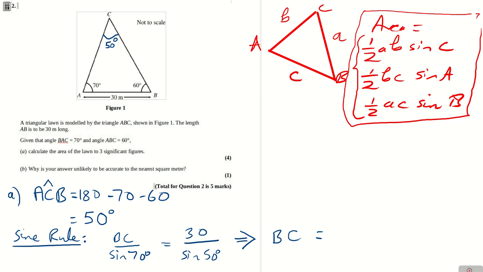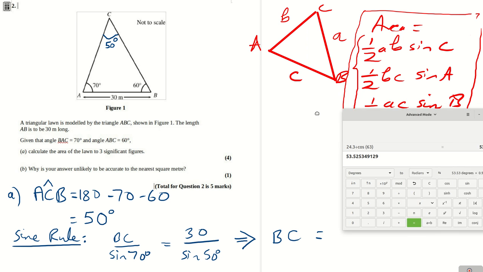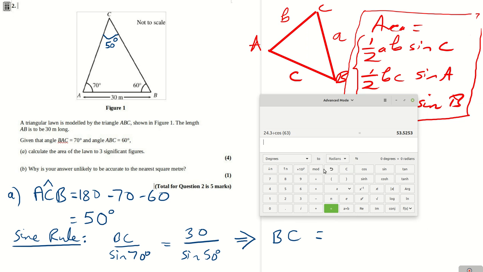Let's do it on the calculator. 30 divided by sine of 50 equals 39.1622, and then we multiply by the sine of 70 and that gives us 36.800, or we can safely say 36.8 metres.